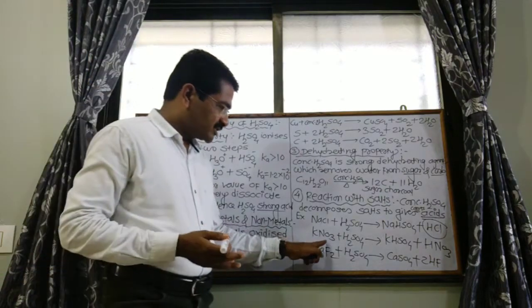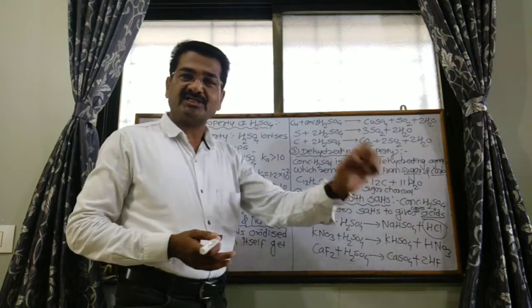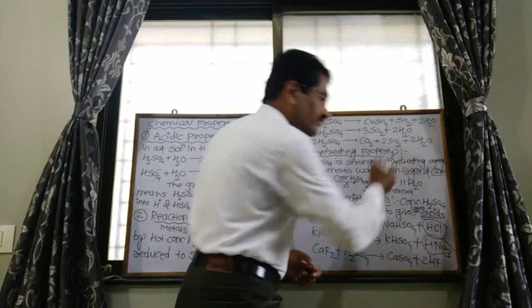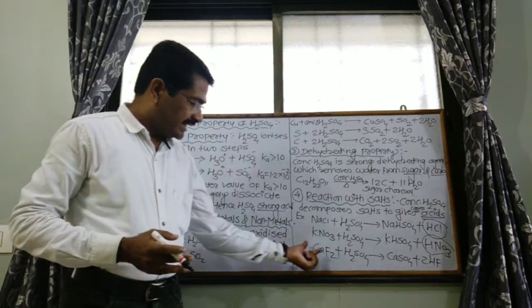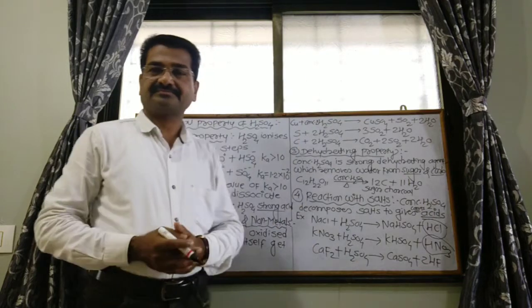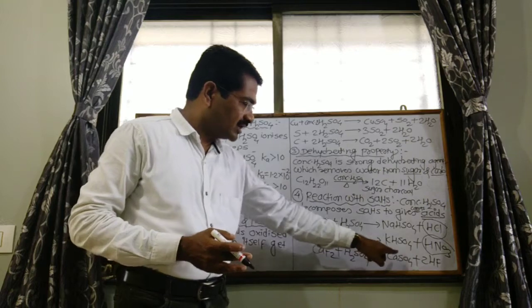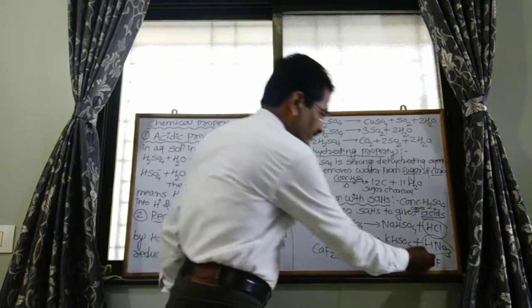Second, potassium nitrate reacts with sulfuric acid to give potassium bisulfate and nitric acid. The main product is nitric acid. Then calcium fluoride salt reacts with concentrated sulfuric acid to give calcium sulfate with hydrogen fluoride acid.